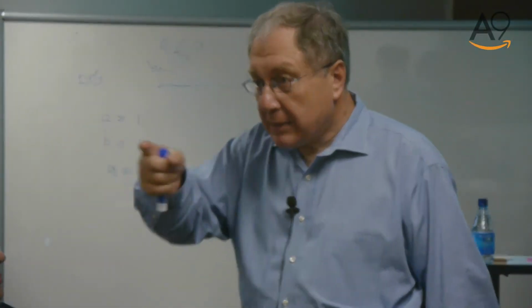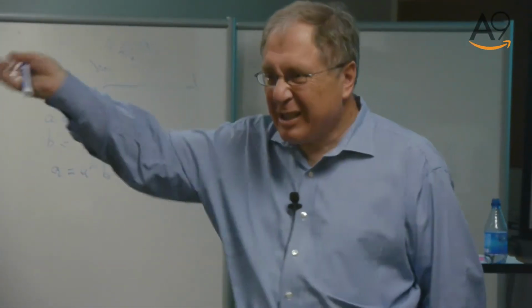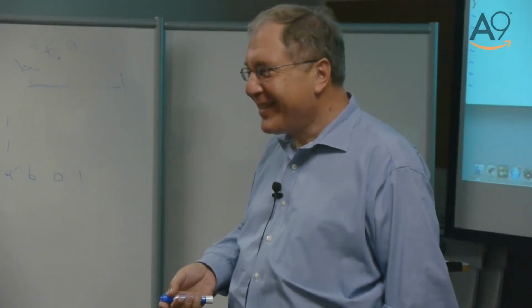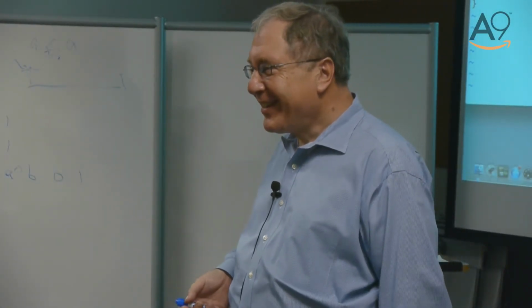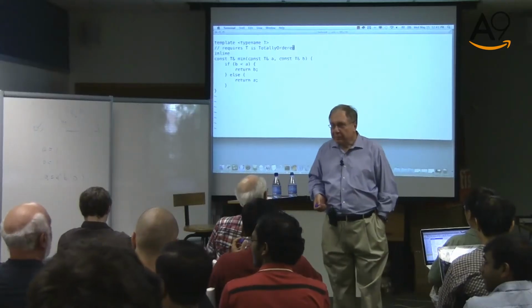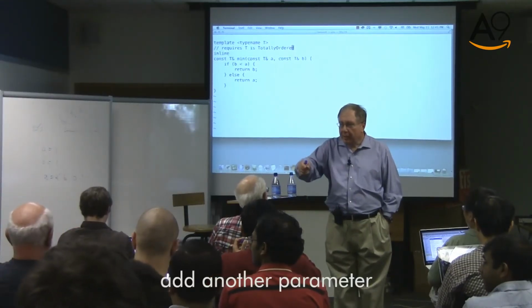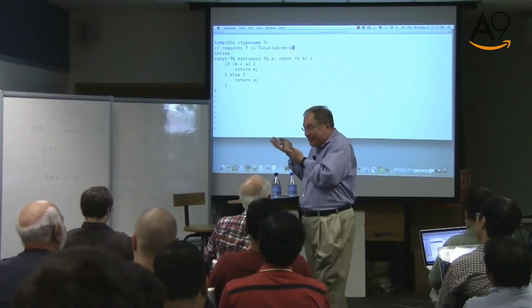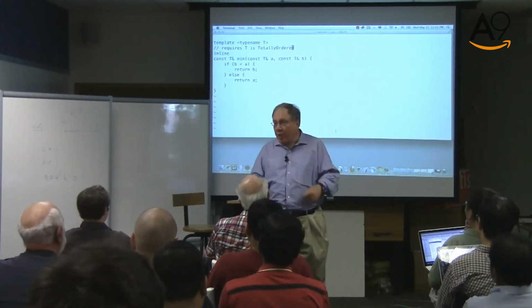Can anybody propose a solution? Change the API, provide the method compare. Yes, I'll pick this one. Since he wants to be tortured, let him be tortured. So how would you do it? Add another parameter. It's a great idea. Okay, what would you call it?